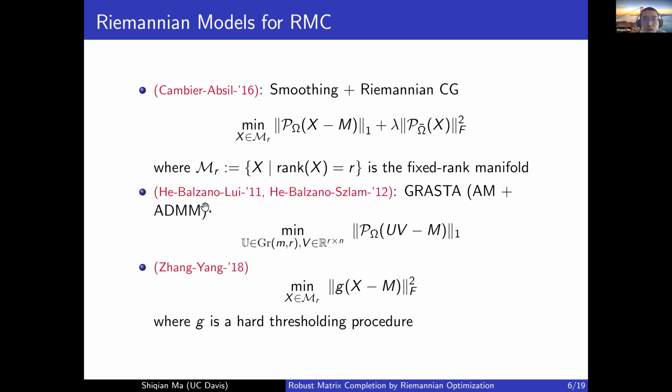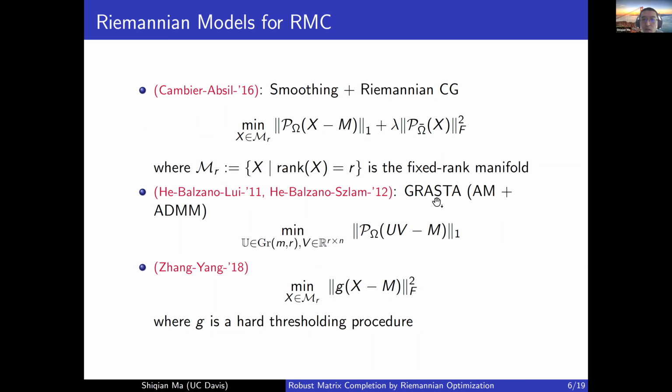Another work is done by Laura Balzano and her co-authors. Their approach is called Grassmann. They model this robust matrix completion problem in this way. As you can see here, for the low rank matrix we're doing a low rank factorization, and for the objective function, we minimize the L1 norm of the sparse matrix.